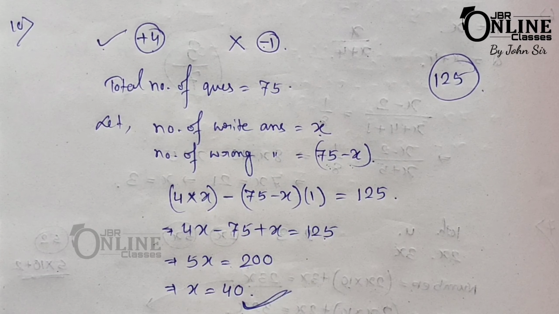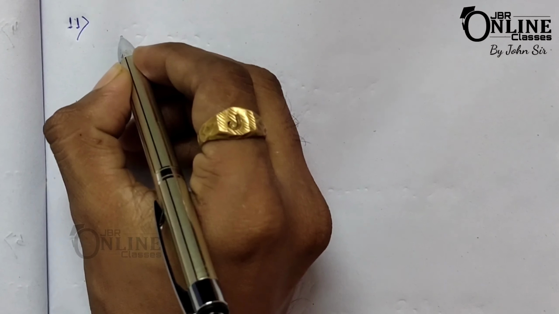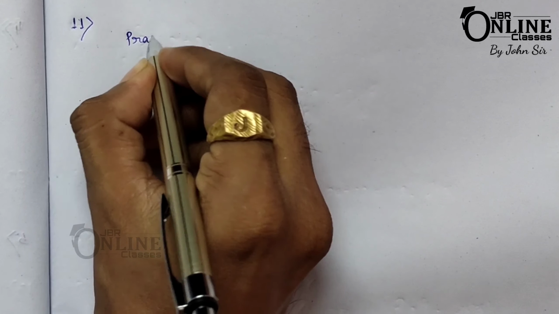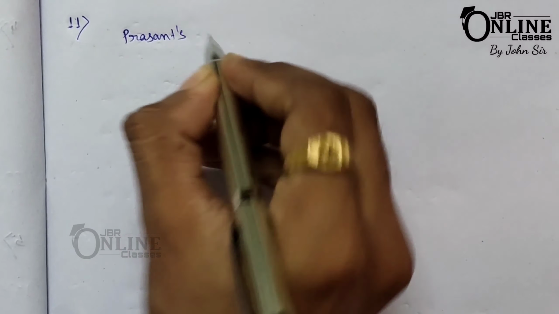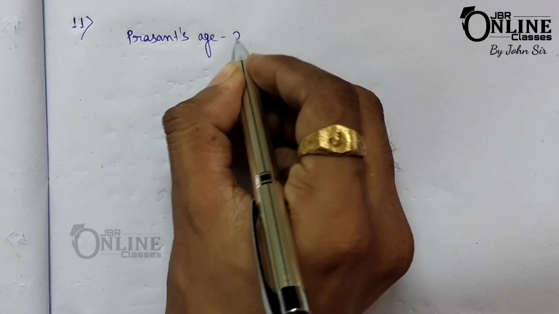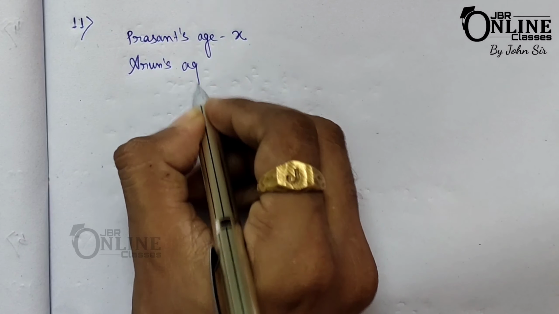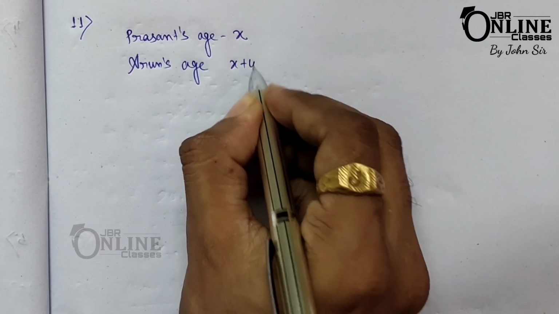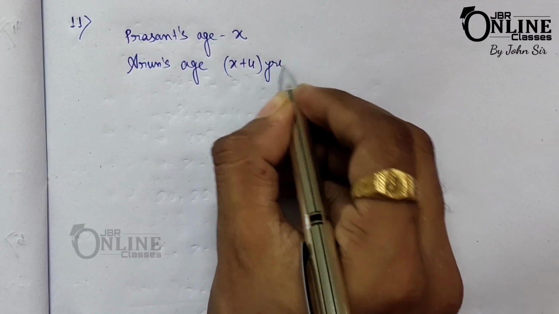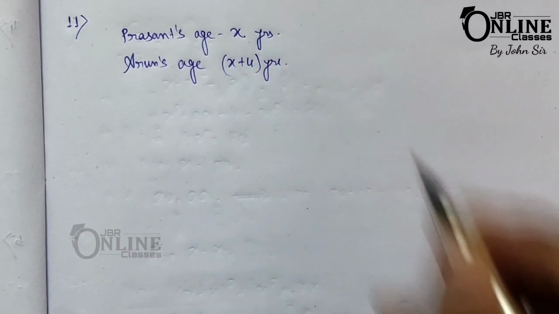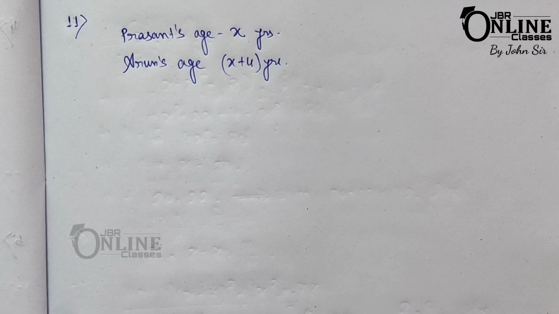So the next problem, sum number 11. Arun's age is 4 years more than Prashant's age. So if Prashant's age is x, then Arun's age equals x plus 4, as he is 4 years older than Prashant.